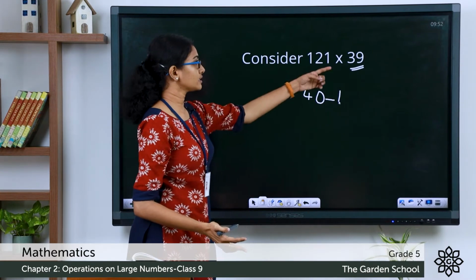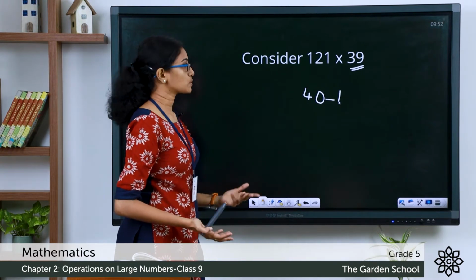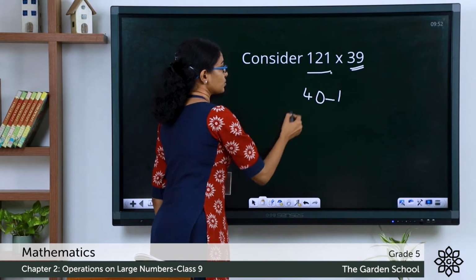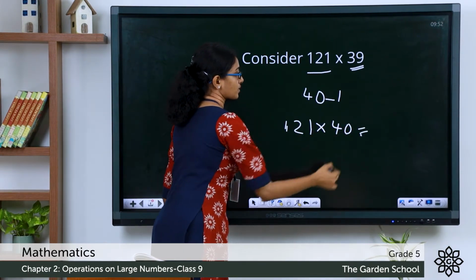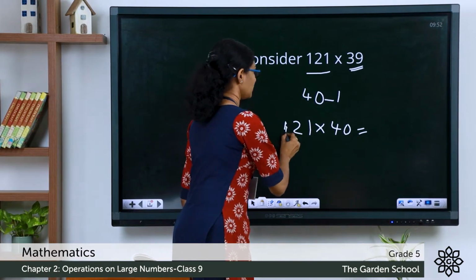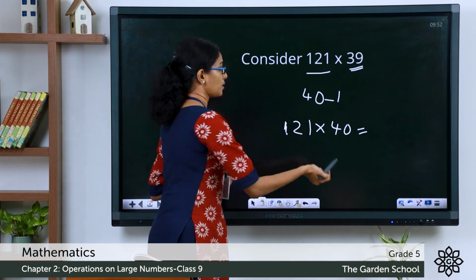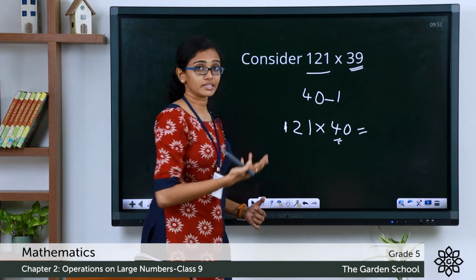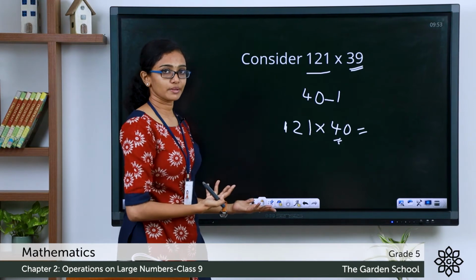So I'm rethinking this 39 as 40 minus 1. So let's do 121 into 40 first. We know to multiply with any multiples of 10, you just multiply the number with the digit at the highest place and just add enough zeros to make up the places.